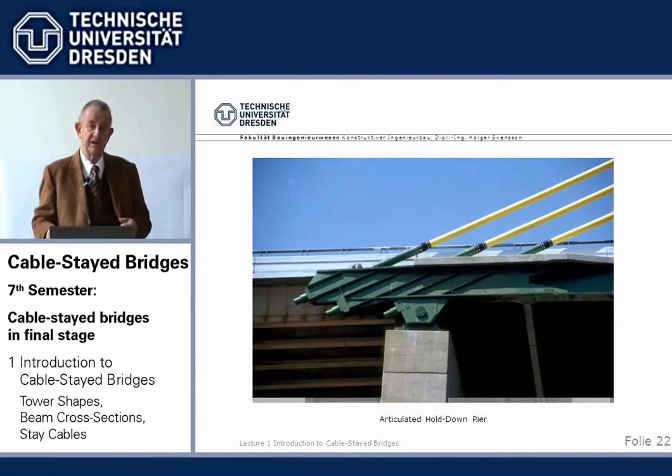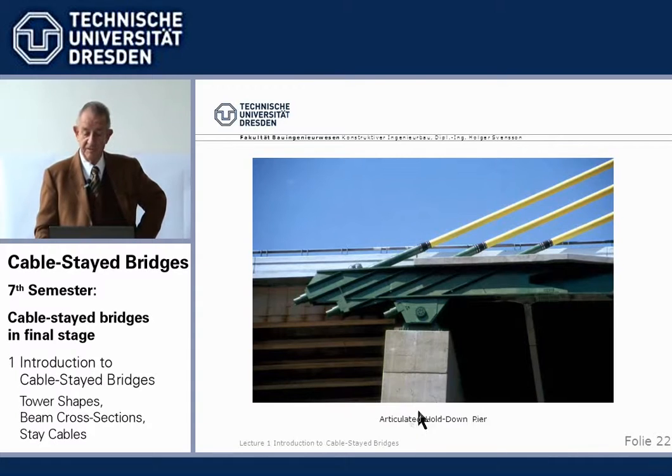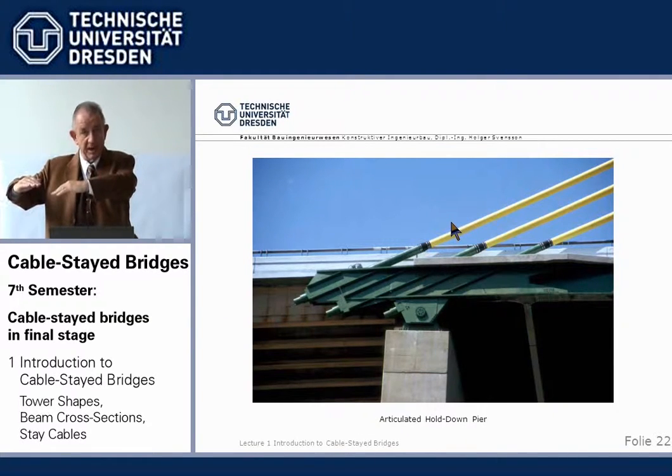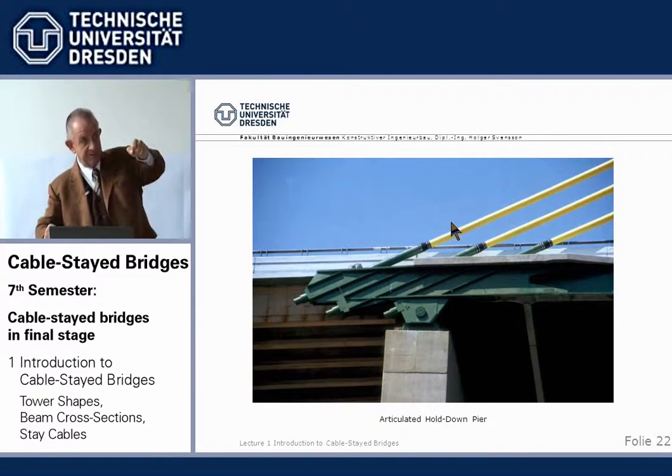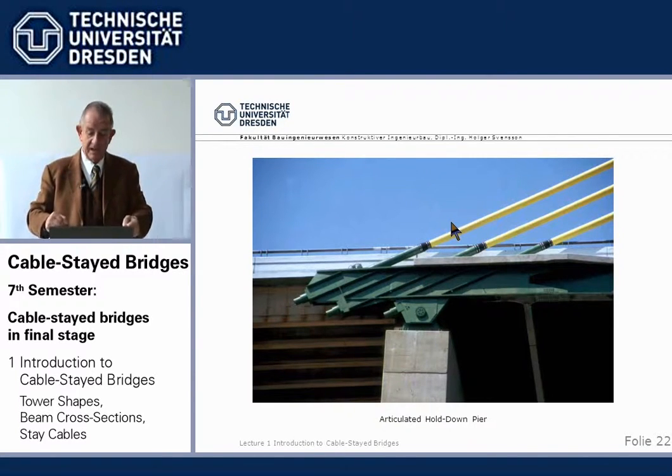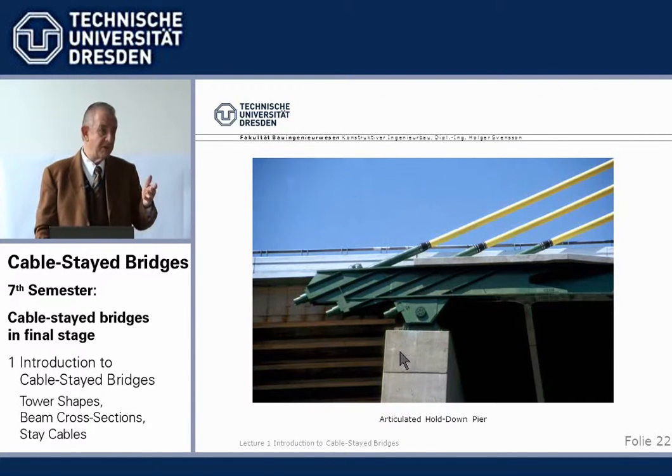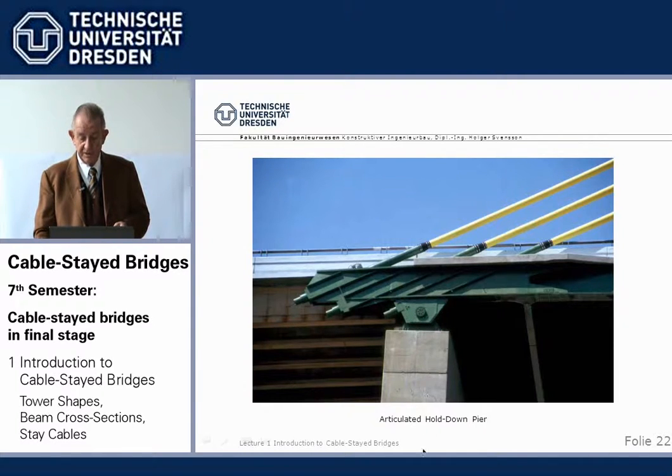Now, vertically, at the end of the bridge, we have to take up the uplift forces from loads in the main span, tie them back, try to turn the bridge around, so we have to tie them back, and therefore we call these end piers, abutments, we call them anchor piers or hold down piers. And the easiest is, here come the cable, we take here a pin and we hingedly connect it to a slender pier which can follow the movements.